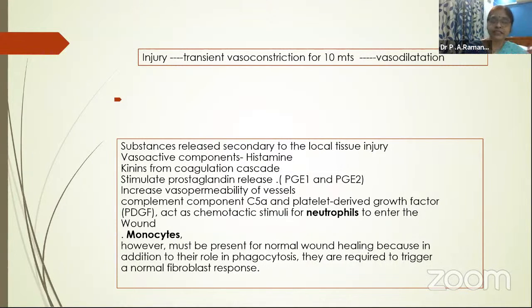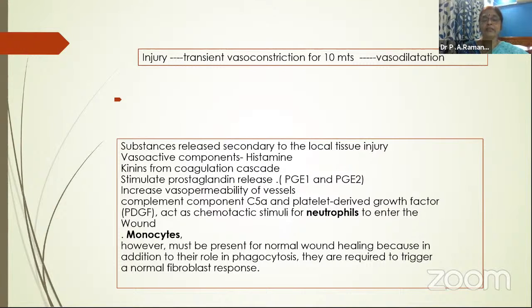So first, vasoconstriction and platelet plugging. Platelets are releasing adenosine diphosphate, and simultaneously platelet-derived growth factor and transforming growth factor are released. This attracts the inflammatory cells into the wound. Once the inflammatory cells come into the wound, they release vasoactive amines, that is histamine, bradykinin, and kallikrein.